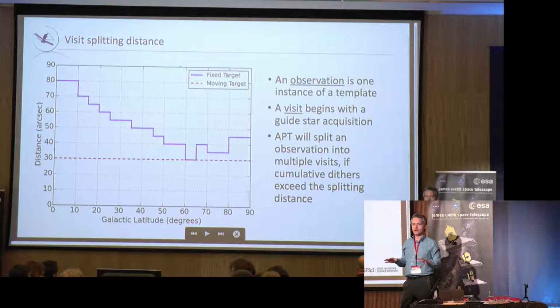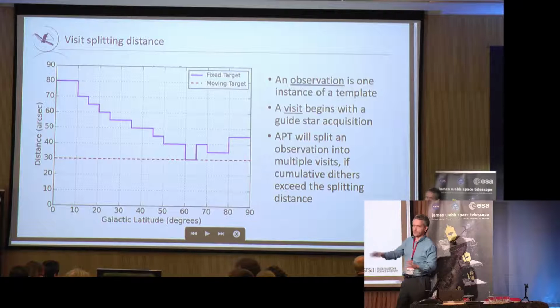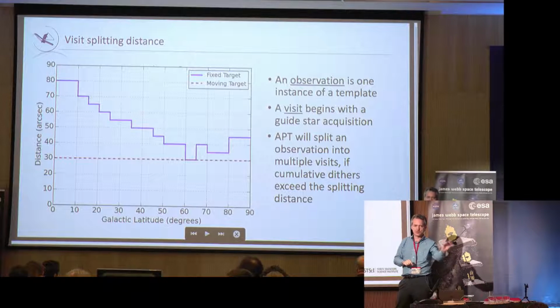So what's going on here? What's the logic underneath this? We don't actually check, because it's hard for us to check, whether a guide star would work for all your dither points. Instead, we did some statistical analysis and we said, in the galactic plane where there's a ton of guide stars, we're pretty confident that you can go 80 arc seconds and use a guide star.